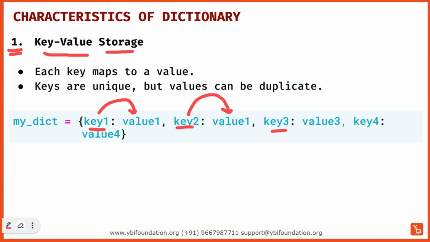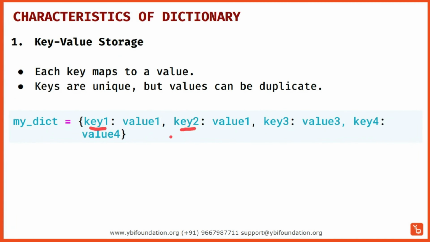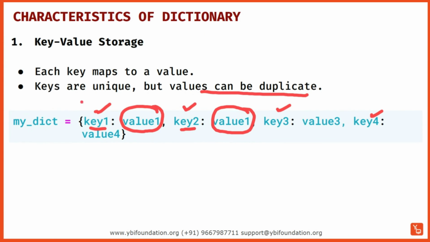In this example, if you look closely, key 1 and key 2 are unique, but they store the same value, value 1 and value 1. So both keys have the same value, but all keys have to be unique. The values can be duplicated but not the keys.